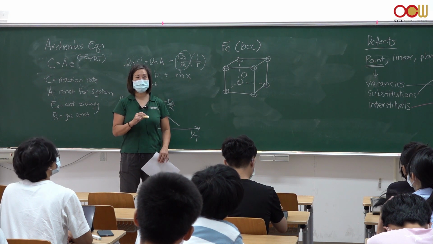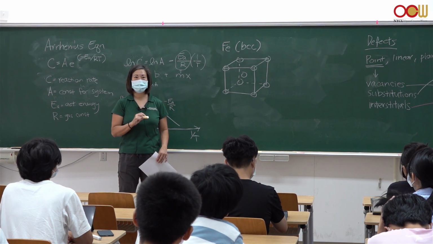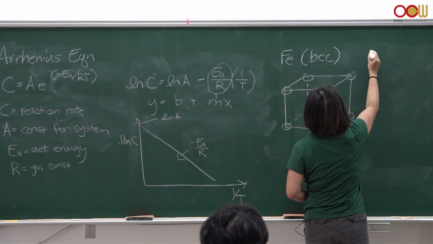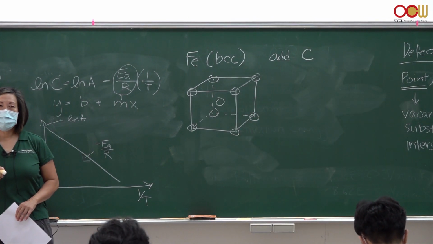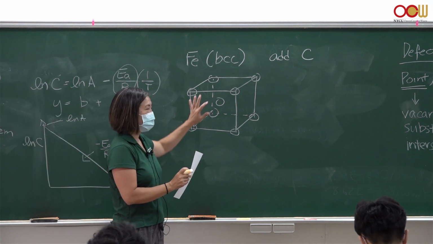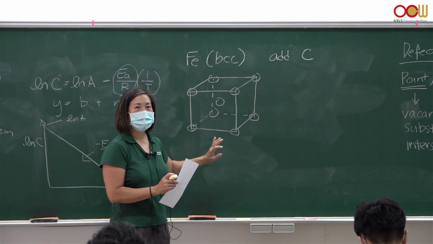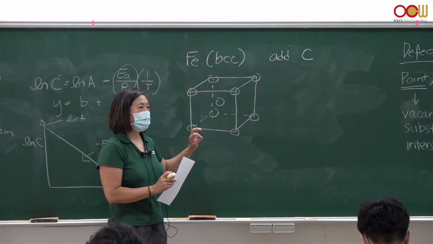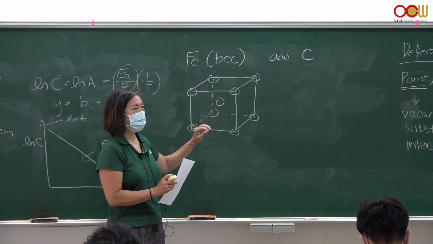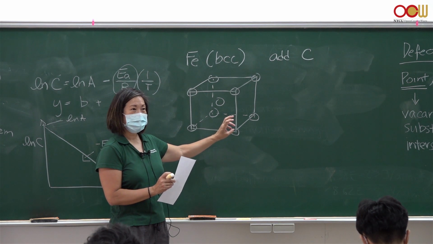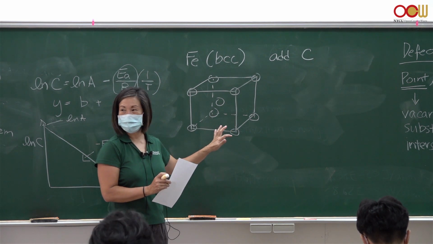It's mostly iron with a little bit of carbon. So now we want to add carbon. And let's say we want to keep the BCC structure of the iron. So we would have to add the carbon into either an interstitial site or a substitutional site, right?